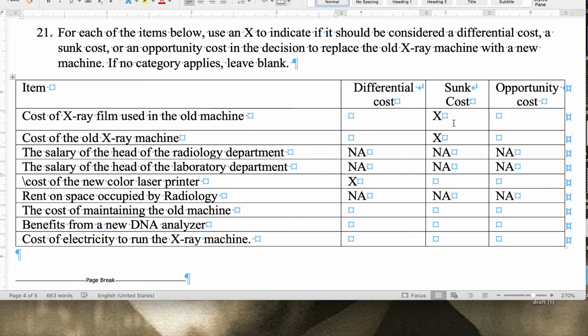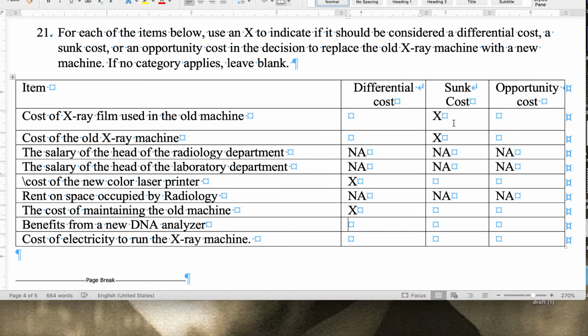Keeping the old machine, I'm going to have to maintain it. There's going to be a cost to maintain that old machine. If I get rid of the machine and buy the new machine, guess what? I won't have to maintain that old machine anymore. So the cost of maintaining the old machine goes away if I decide to buy. That is a differential cost.